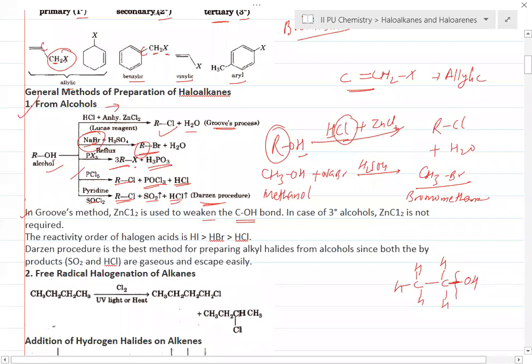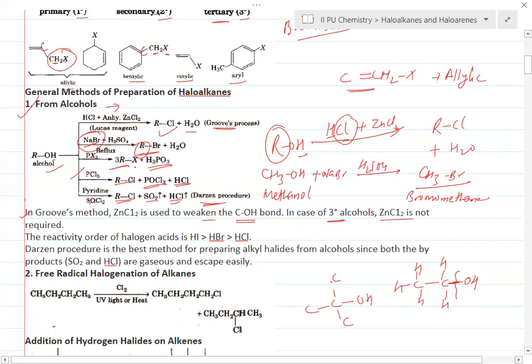In the case of 3-degree alcohol, ZnCl2 is not required. We will get the product without the help of ZnCl2 also.